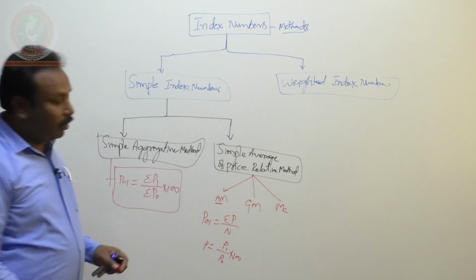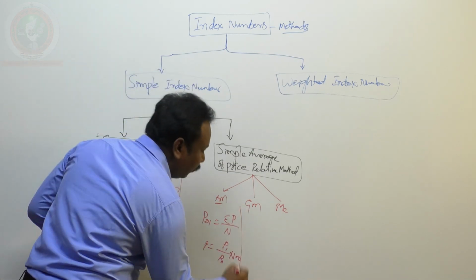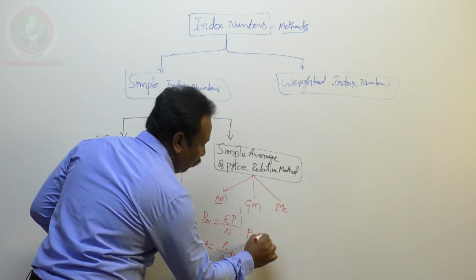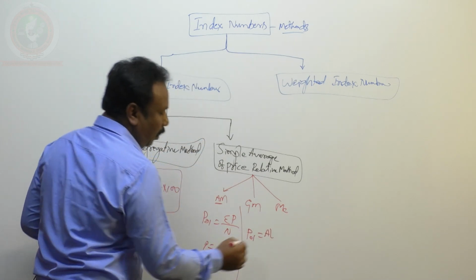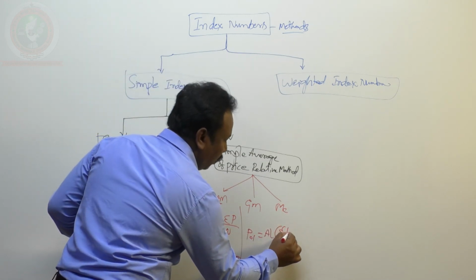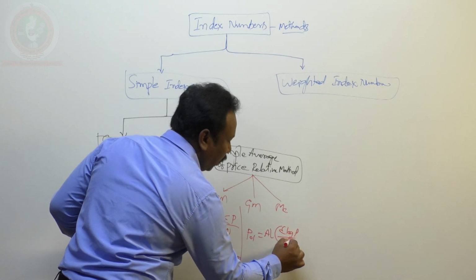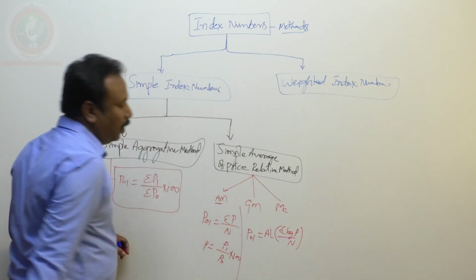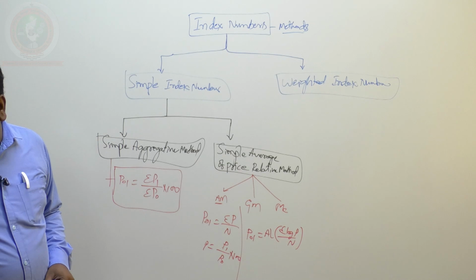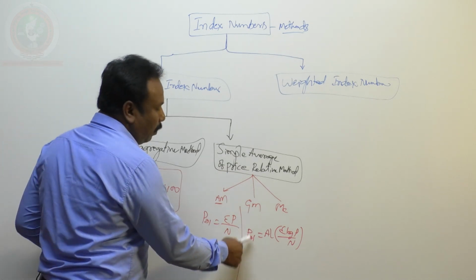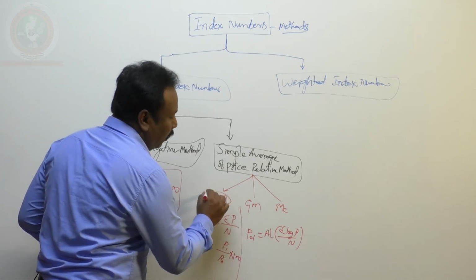For the geometric mean, index number equals anti-log of sigma log p divided by n. Sigma log p divided by n gives the index number under geometric mean.